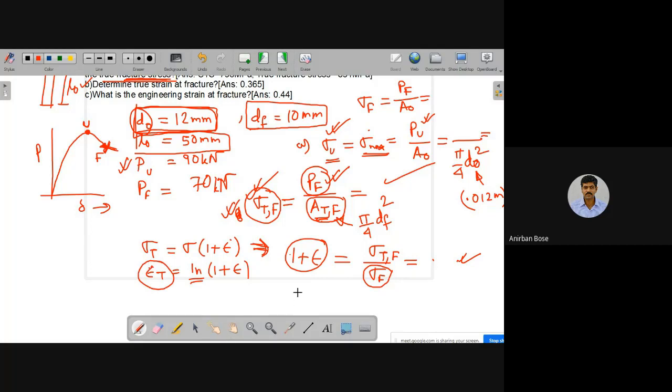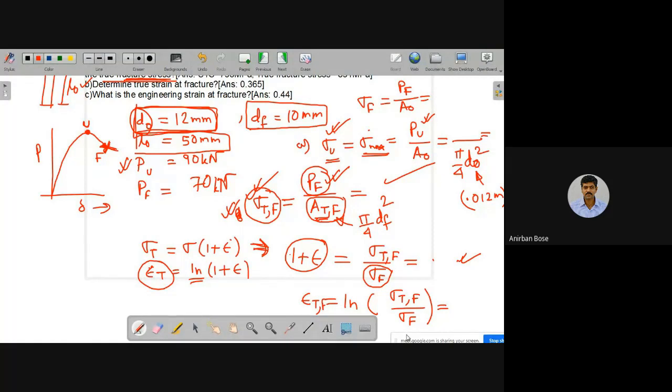Clear what you have to do? So true strain will be equal to the natural logarithm of this divided by this. Just do that calculation, and you will get the true strain corresponding to fracture.